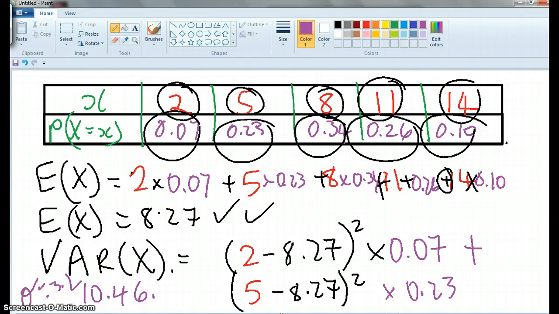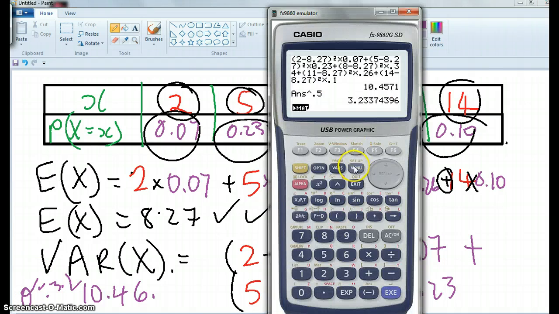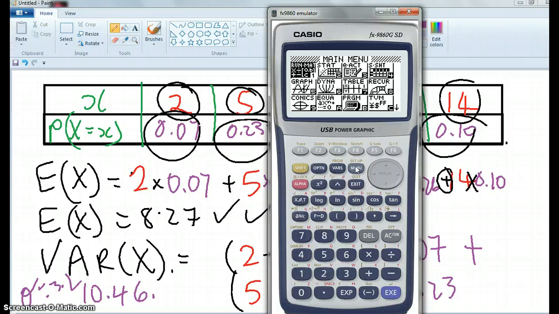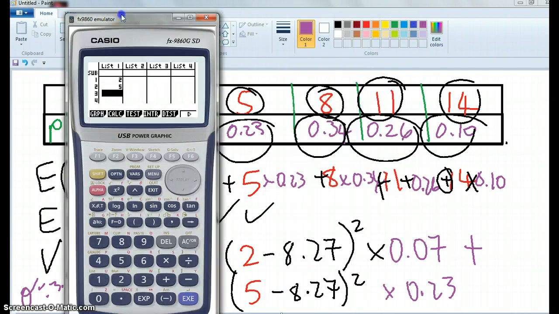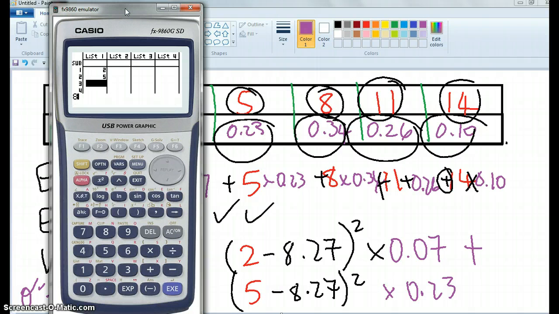Okay, I don't like that very much because it was too much on my calculator. So I'm going to go to stats and I'm going to put 2, 5, 8, 11, 14.